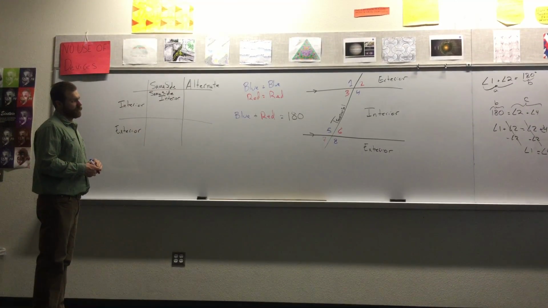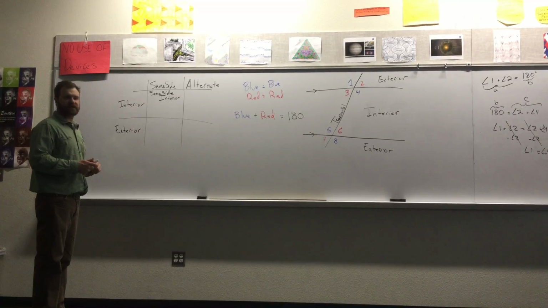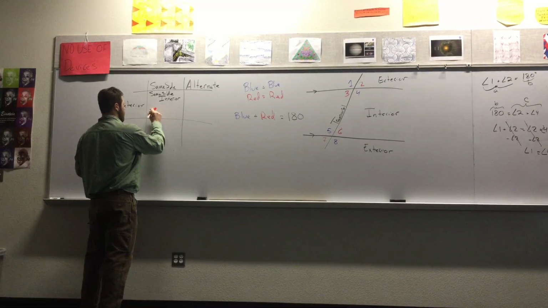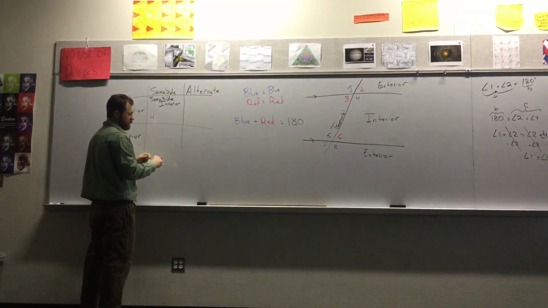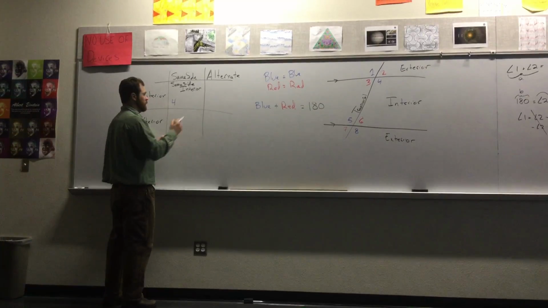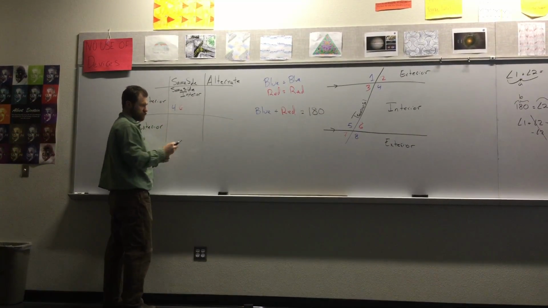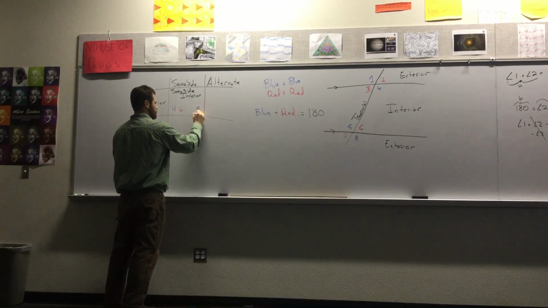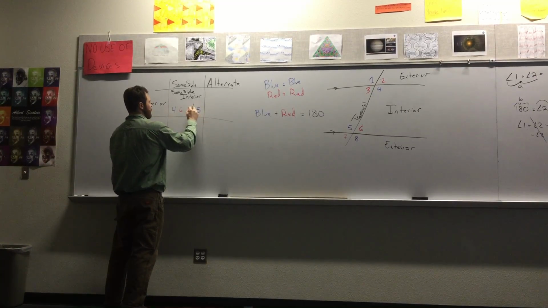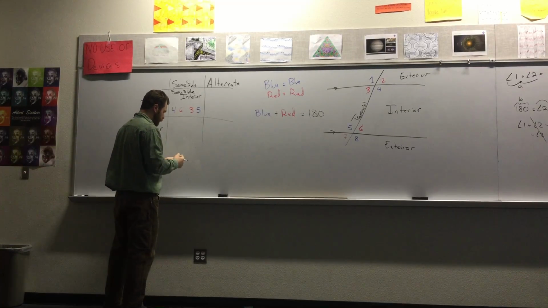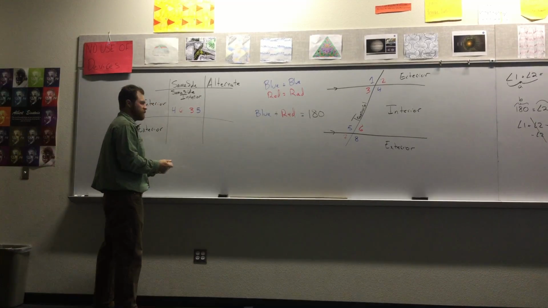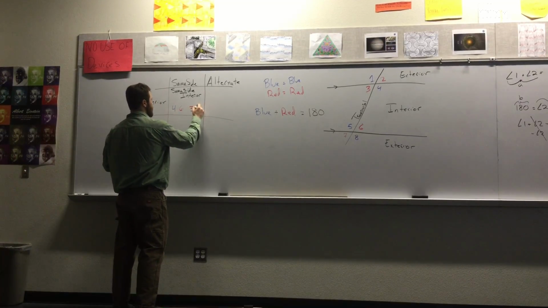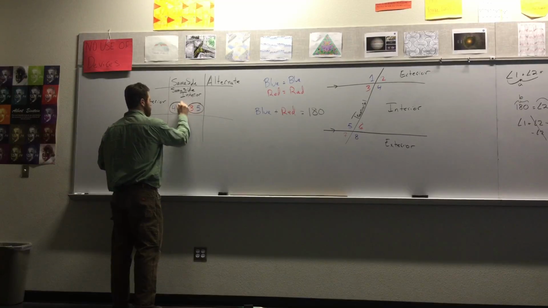So 4 and 6, right? They're on the same side of the transversal and they are interior. Now, what other angle pair is interior? 3 and 5. Okay, so do 4 and 6 equal each other or do they add up to 180? Add up to 180. There you go. So same side interior angles add up to 180.